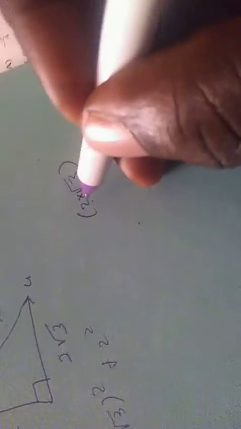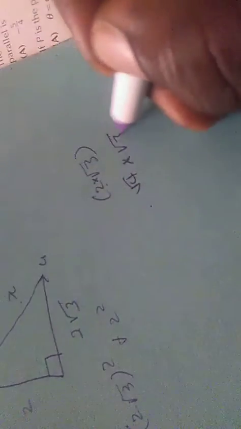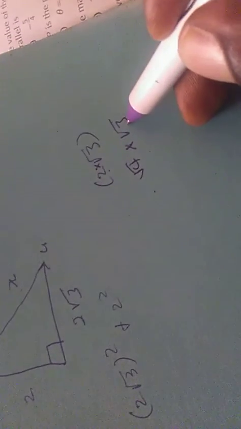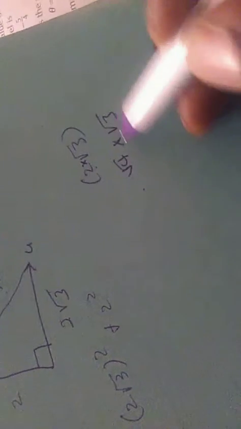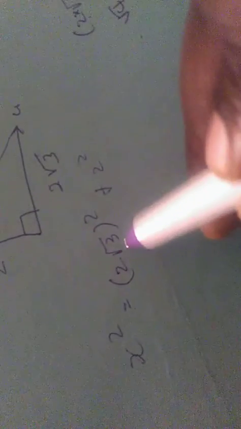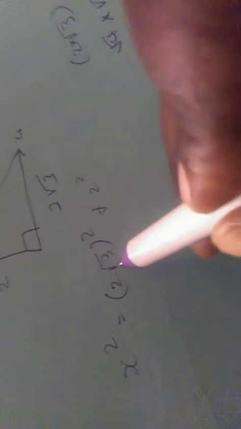So if I change the 2 to a root, I'll get root 4 times root 3. Now, if I have roots like this, I can multiply under the root. So 4 times 3, that's 12, so I get root 12. So 2 root 3 is actually root 12.